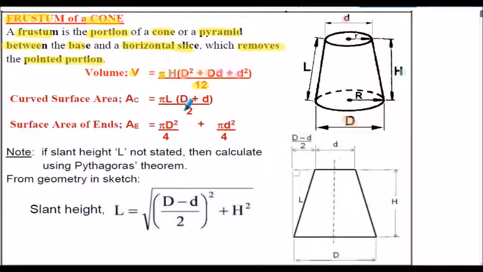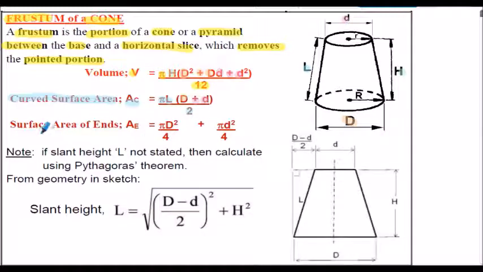To work out the total surface area, that's combined of the curved surface area, AC shown here, and that's pi multiplied by L, which is the slant length shown here, and multiplied by, in brackets, the bottom diameter added to the top diameter, and it's all divided by 2.